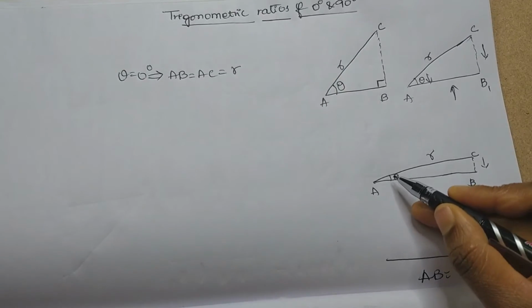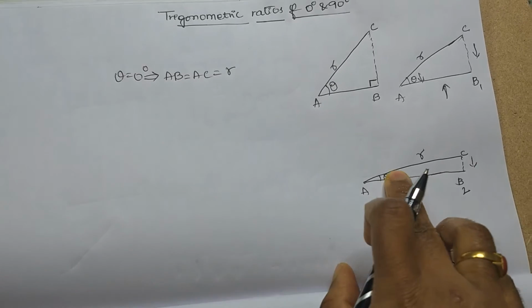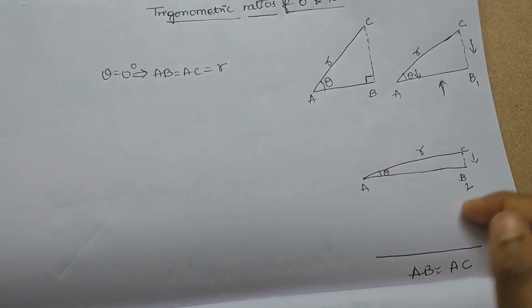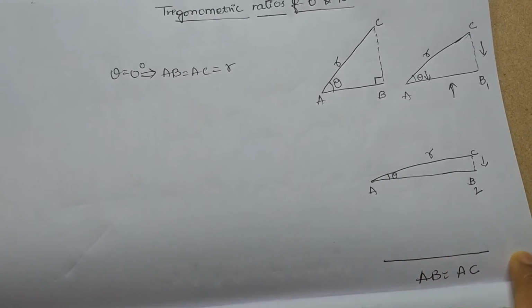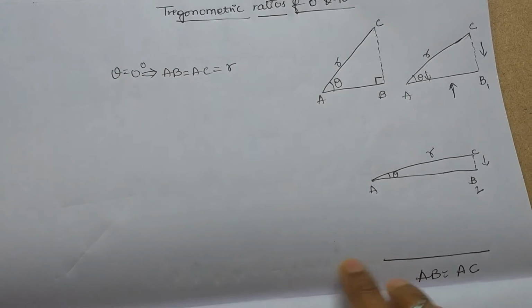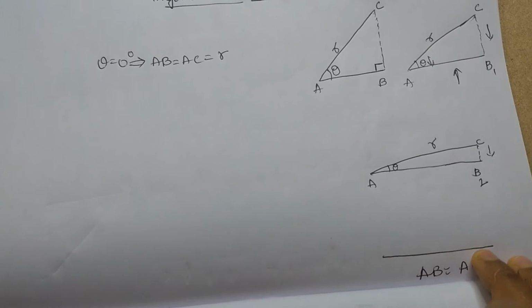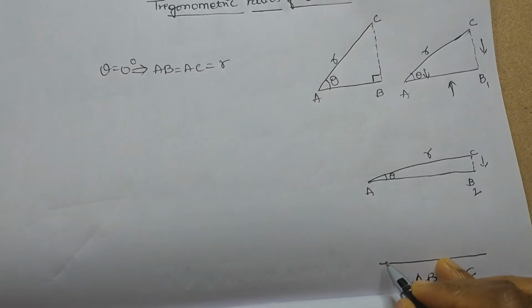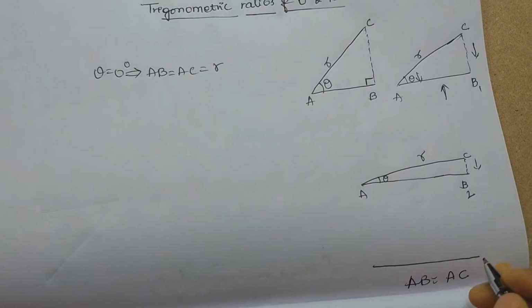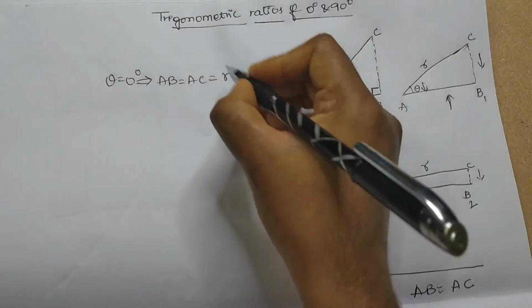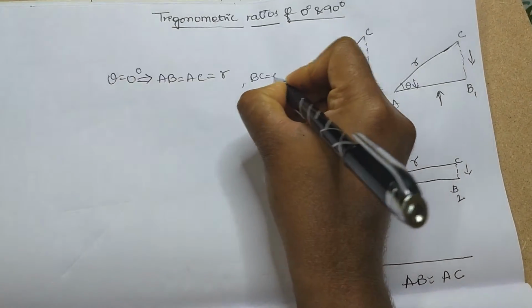See here, if theta is, suppose, 5 degrees, it will be a little less. When theta is not at all there, where there exists no angle, then the ladder will be placed horizontally on the ground, with no height. It means BC will be 0.